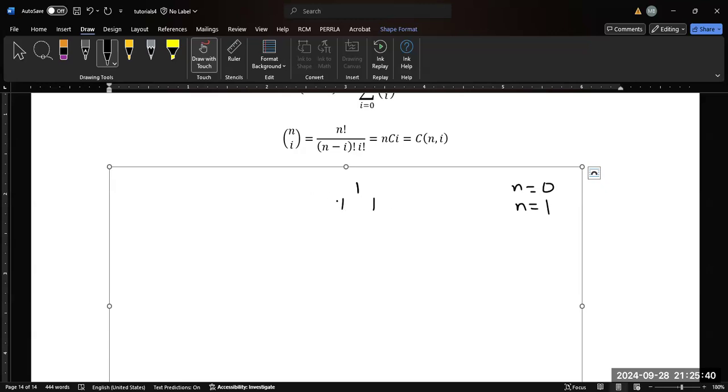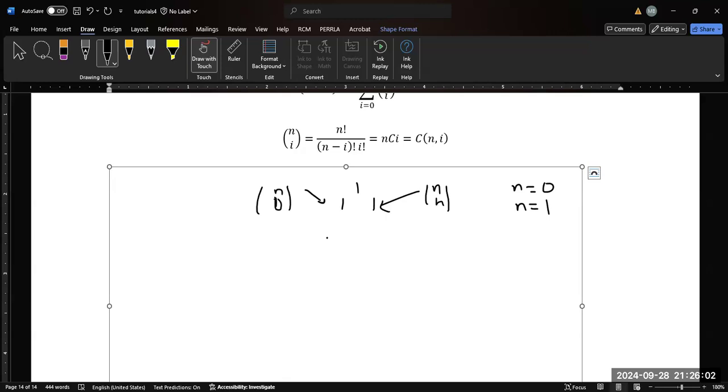So this side right here is equivalent to n choose 0, always on the one side, and on this side, it's always going to be n choose n. So here we have 1 choose 0 and 1 choose 1.